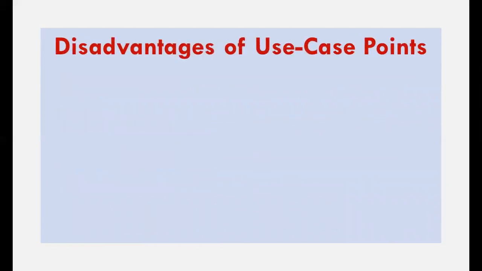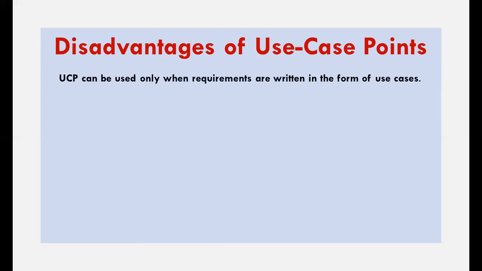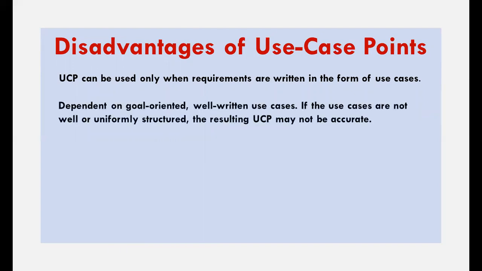Now coming to the disadvantages of use case points. Here UCP can be used only when requirements are written in the form of use cases. That is the major disadvantage. The other disadvantage is that it depends on goal oriented, well written use cases. If the use cases are not well or uniformly structured, then the resultant UCP may not be accurate.